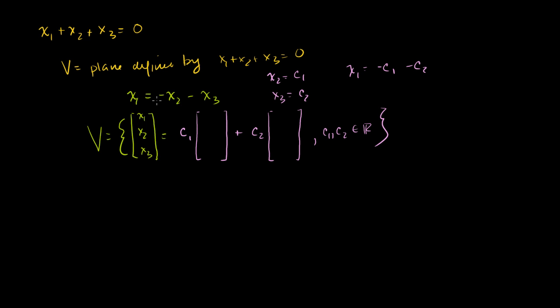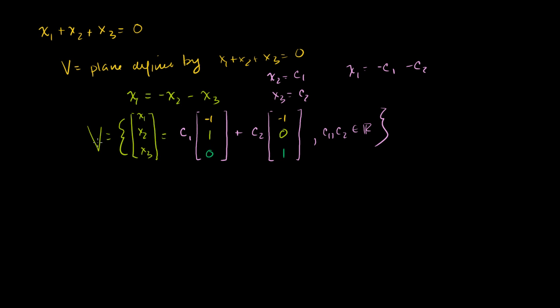And so what is x1? x1 is equal to minus c1 minus c2. So x1 is equal to minus 1 c1 minus 1 c2. x2 is just equal to c1. So x2 is equal to 1 times c1 plus 0 times c2. And then x3 is equal to c2, or 0 times c1 plus 1 times c2.